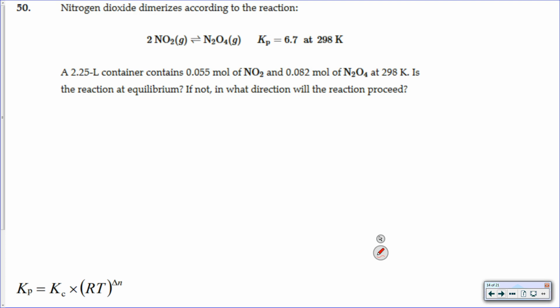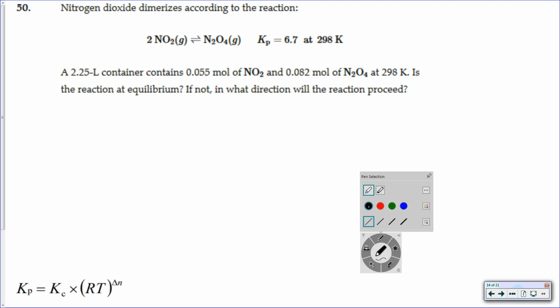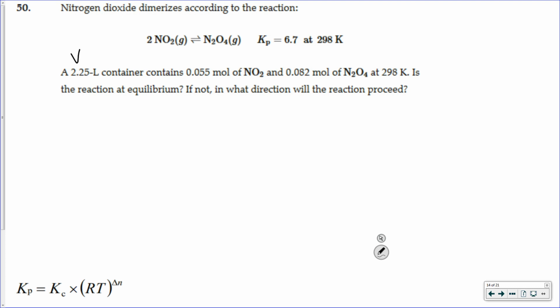Okay, so this is a lot of pieces put together problem, and here's the challenge. If I know the volume and I know the number of moles, what can I calculate? I can calculate the molar concentration, right? But what K is given to me?